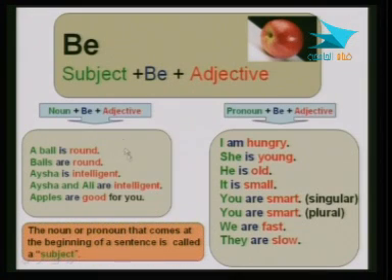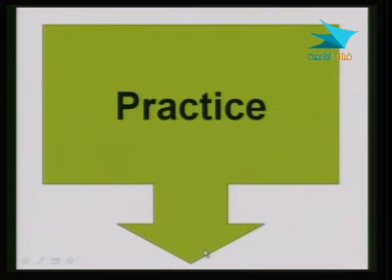All right, so the noun or pronoun that comes at the beginning of a sentence is called subject. These words in green color are called subjects. Now we'll do some practice, because as I told you earlier, we have to practice what we learn.